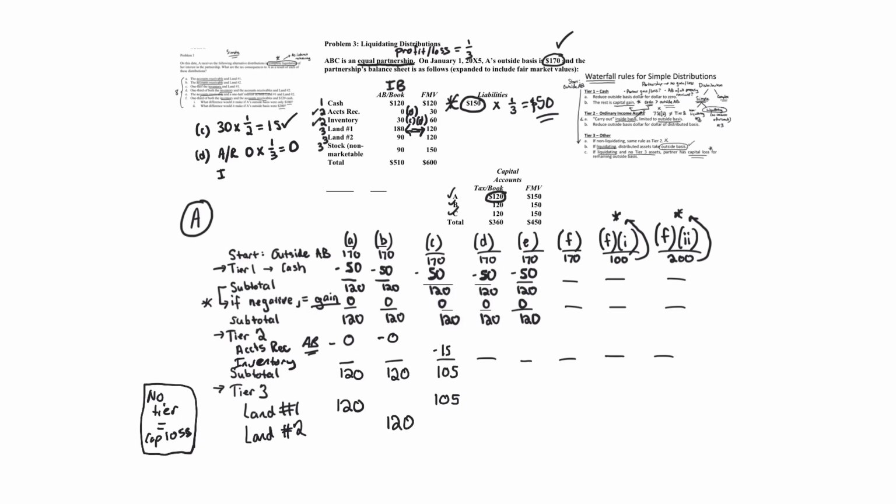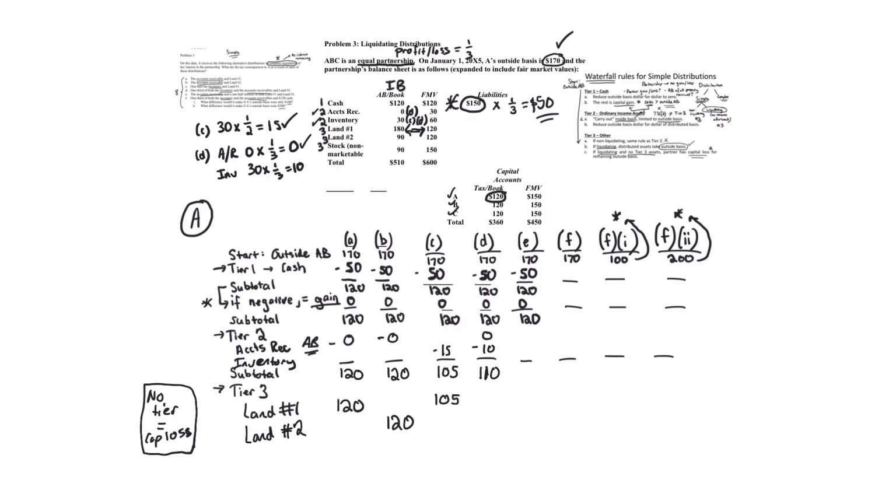And for inventory, that's 30 times 1/3, which is 10. So that's what we're limited to with our inside basis. We have 120, so that's a lot. For accounts receivable, the lesser of 0 and 120 is of course 0. And for inventory, the lesser of 10 and 120 is 10. So we bring down, that's going to be 110 left over.